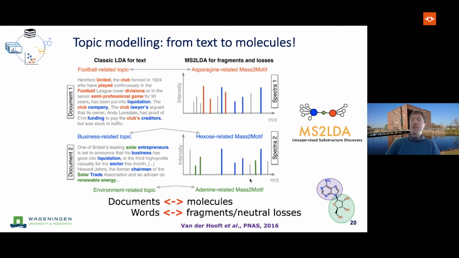You see examples on the left-hand side: the red words are football-related words, blue words are business-related words, green words are environmental-related words. The algorithm, when presented with a lot of documents, is able to find out which words are often co-occurring within and across documents.